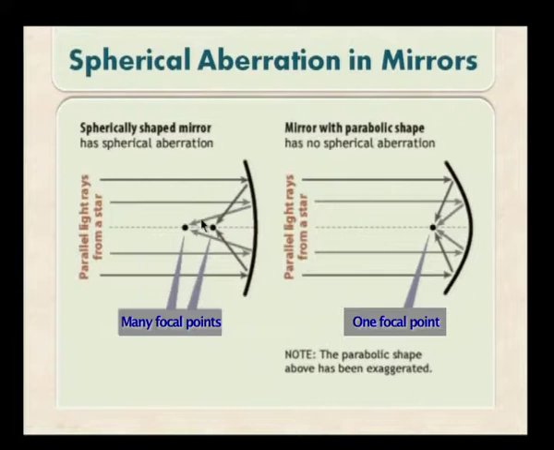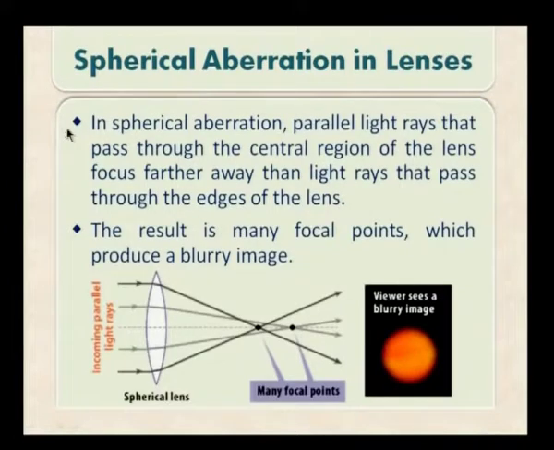Similar to the case of mirrors, what about the lenses? You have spherical aberration in lenses also. Let us have a monochromatic beam. You have incoming parallel light rays passing through a lens, and again you have the marginal rays, the rays which are far away from the optic axis, and the paraxial rays.